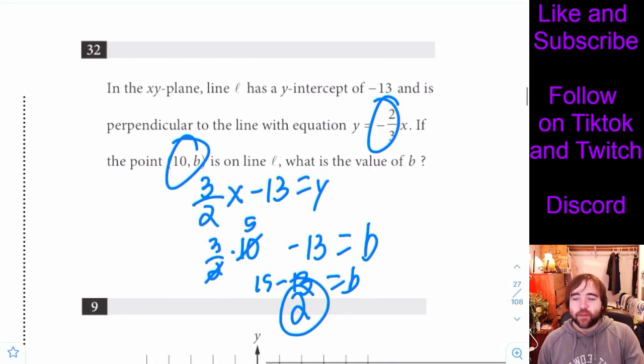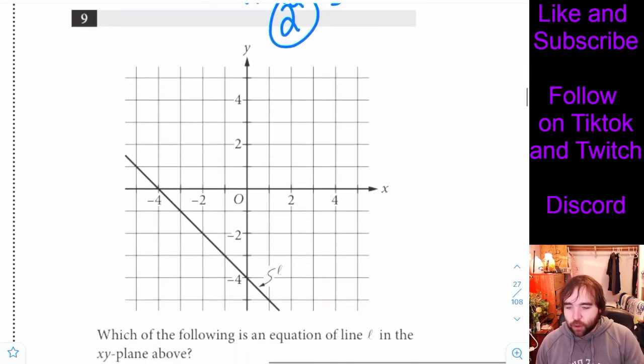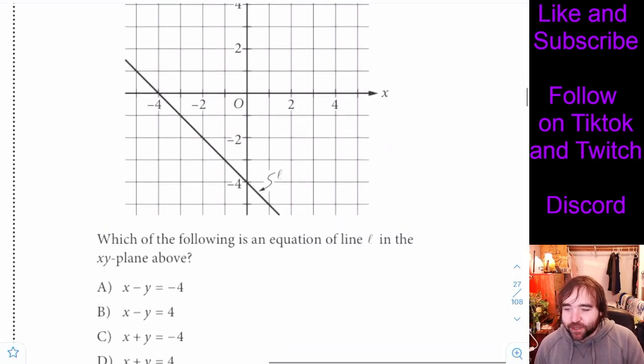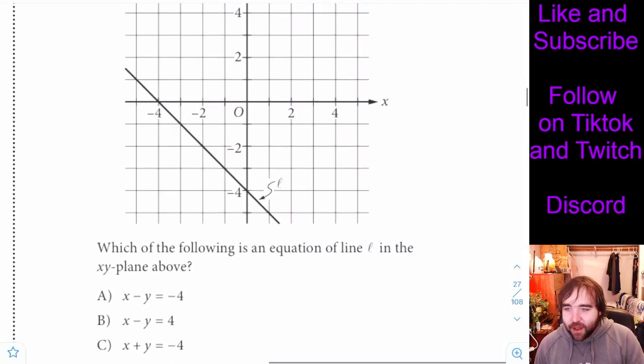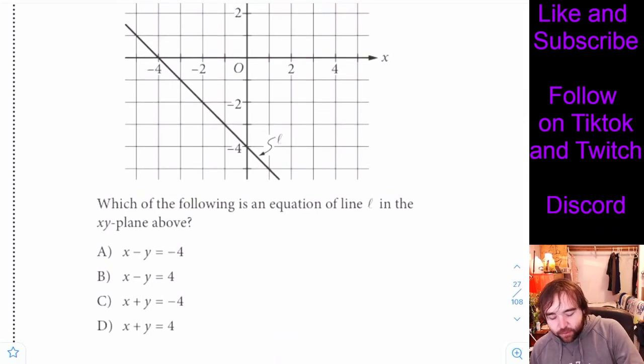So notice how important that's been for all of these, is seeing the point and plugging it in. That it's always x and y, so you can always plug it in for x and y. Oh, wow, which of the following is an equation of the line? So I would plug in points. Notice how these are not in slope-intercept form already. So say that when we plug in x equals 0, y would have to be -4.